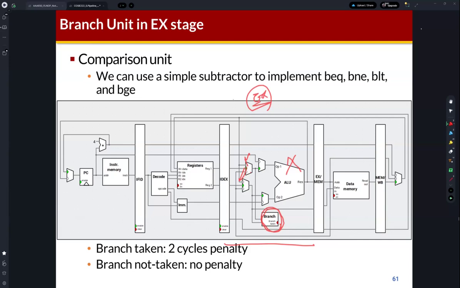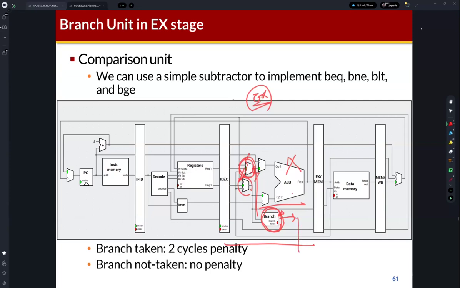But if we use the dedicated branch unit, it can get the result from these forwarding multiplexers, and it is separated from the ALU, right? Then we can get the result of the branch instruction slightly more quickly than the ALU, because this is the dedicated unit.